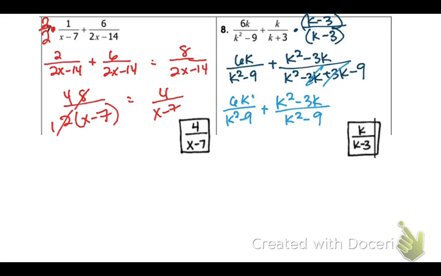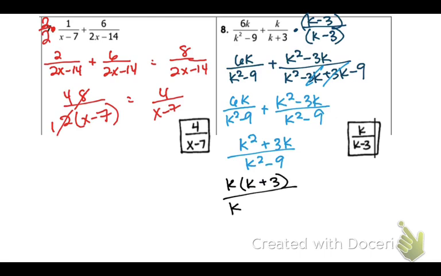So the 6k combines with a negative 3k, but I'm actually going to write k squared first. So 6k plus negative 3k is going to be plus 3k all over (k squared minus 9). Now I'm going to factor. So k plus 3, and then (k minus 3)(k plus 3). These cancel. I'm left with k over (k minus 3).